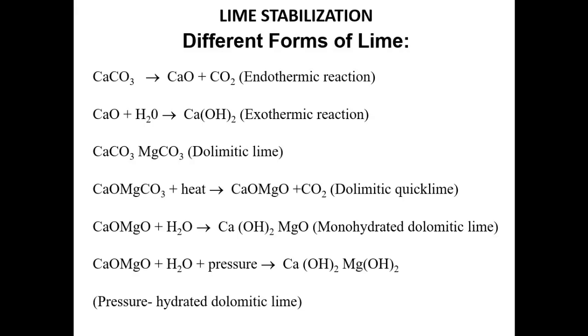If the same reaction occurs under additional pressure, the magnesium oxide fraction of dolomitic lime will also get hydrated and produce a compound called pressure hydrated dolomitic lime. The water affinity and heat exerted during hydration decrease with increase in magnesium content in the lime.